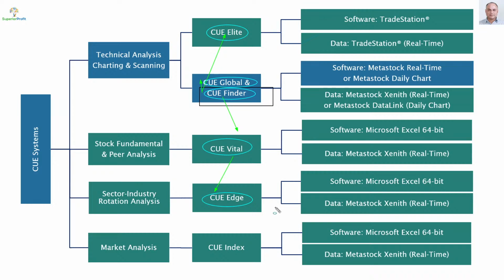The third workflow that I use sometimes is fundamental first. Stock fundamentals are available in Q systems in multiple places. You may run a fundamental analysis of all your stocks, maybe thousands of stocks, your trading universe. You may run it using Q Vital first. Once you find strong fundamental stocks, growth stocks or value stocks or both, you have multiple options.